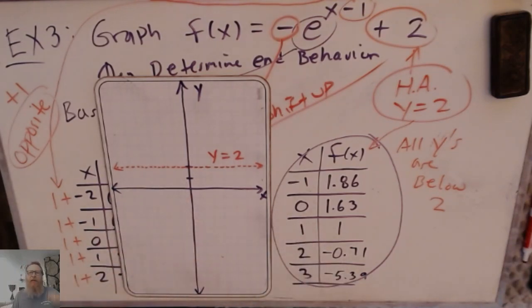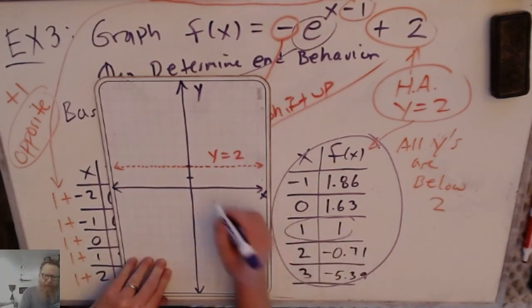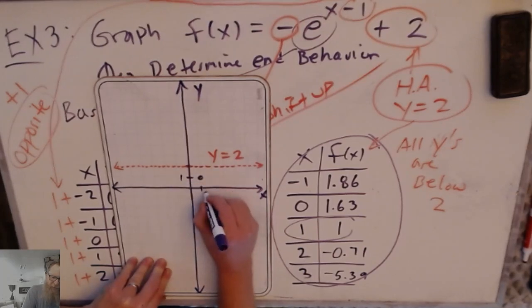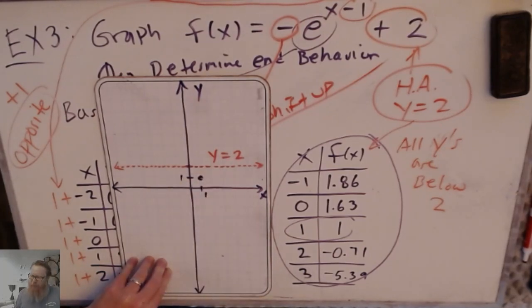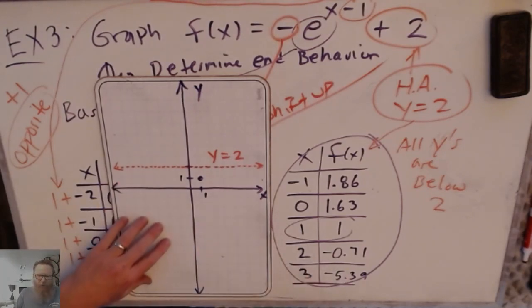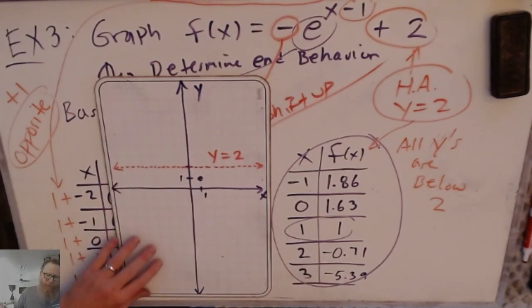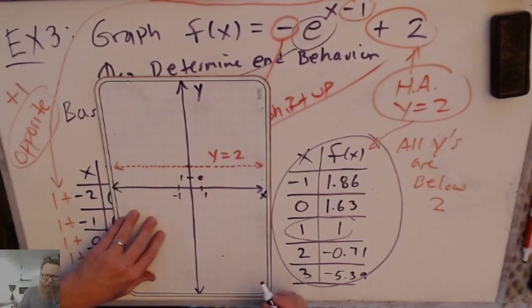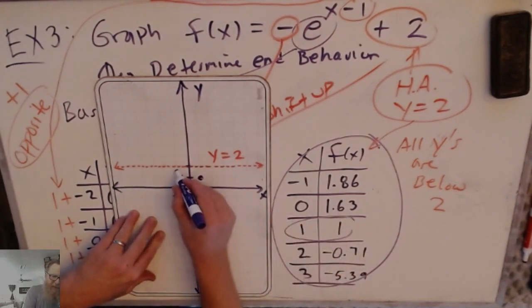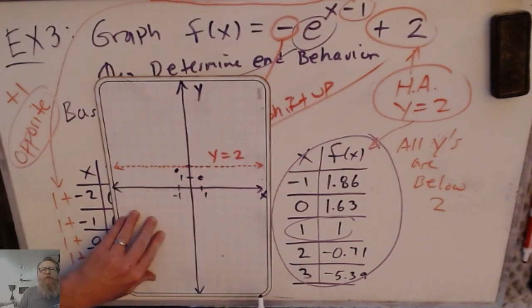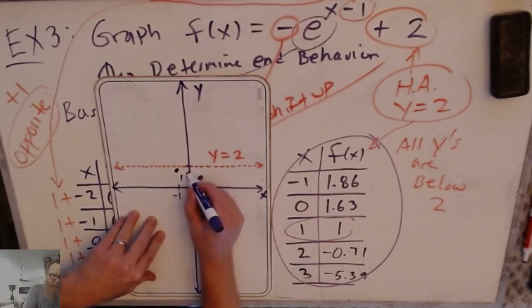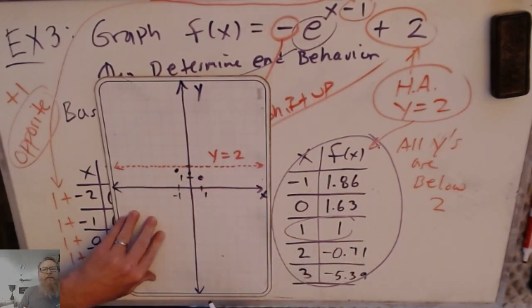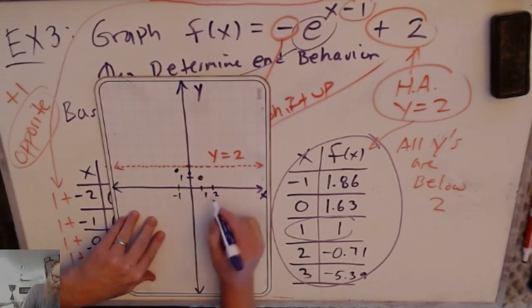And now let's just plot as many as we can. We definitely can do that one, 1, 1. Yeah, that one's pretty good. I'm actually going to try to show them all. -1 and 1.86, so just very close to 2. 0 and 1.63, so right about there, just a little bit above 1. 2 and -0.7, so again, it's very difficult to see.